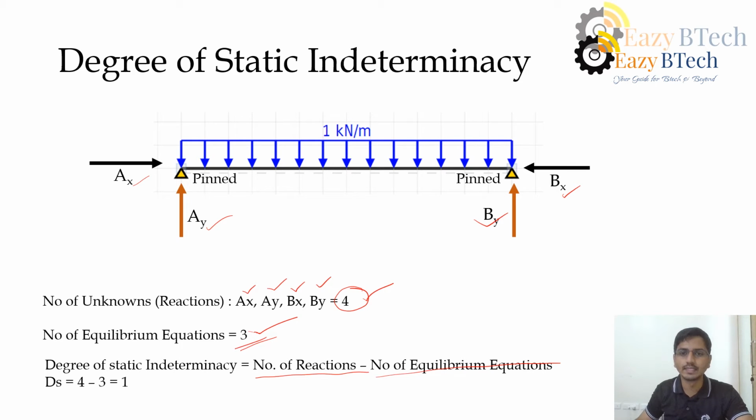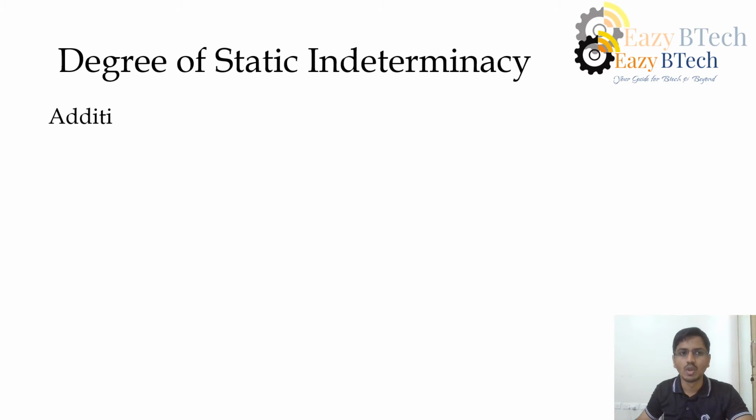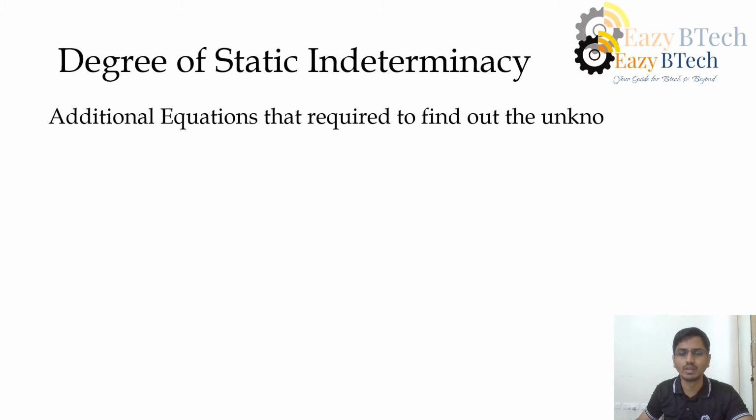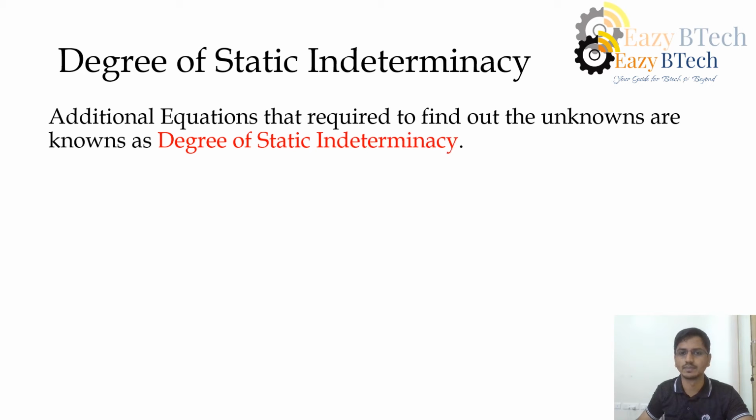This indicates the additional equations required to find the unknowns. If I get 1, then I need an additional equilibrium equation, or whatever equation, to solve that problem. It is similar to mathematics.